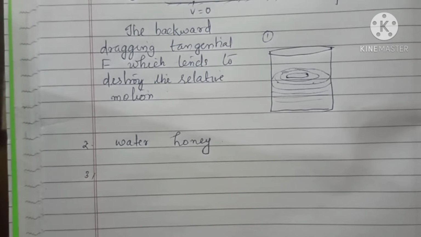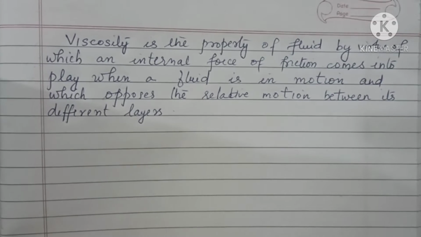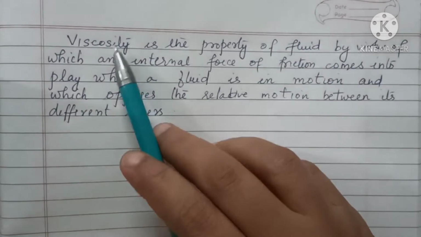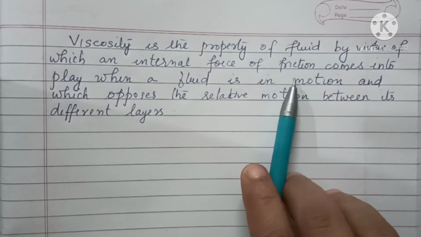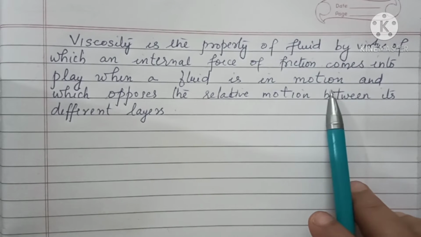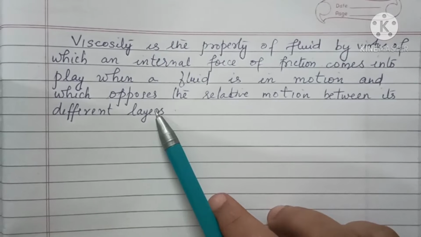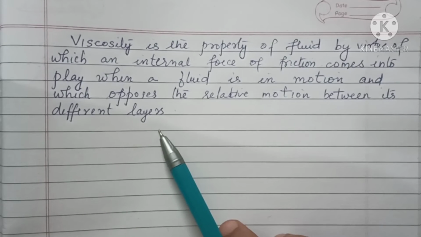Clear? So how can you define viscosity? It is the property of fluid by virtue of which an internal force of friction comes into play when a fluid is in motion and which opposes the relative motion between its different layers. Okay.